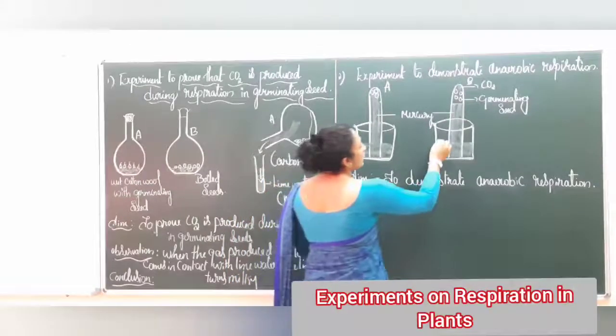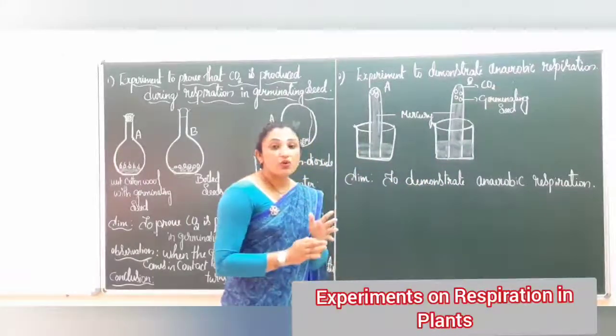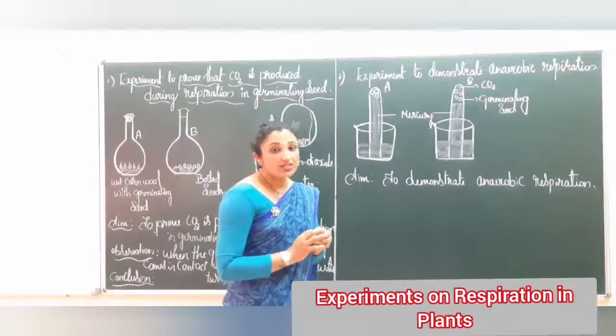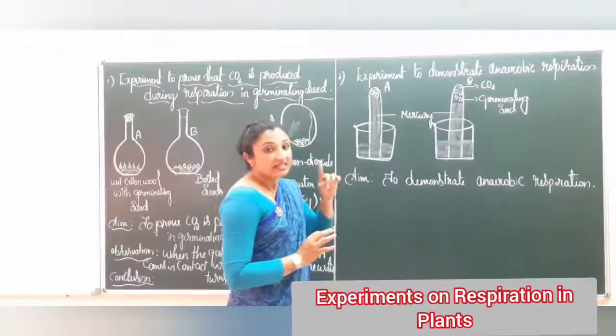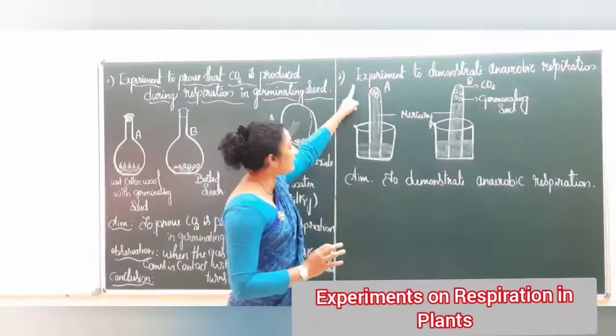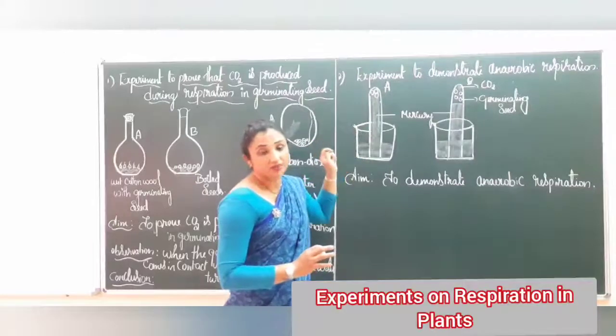Okay. Now, the next question is, what is the control setup for this experiment? The control setup is taking boiled and peeled seed in another test tube containing mercury.